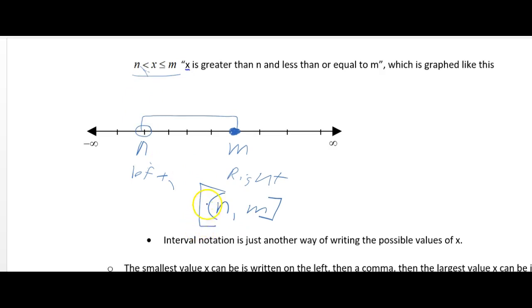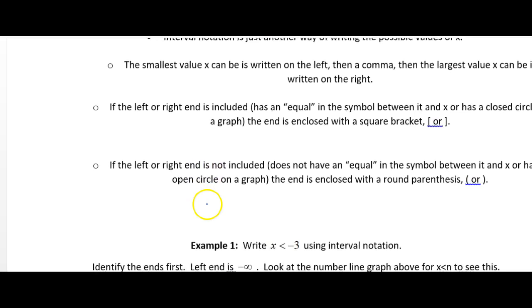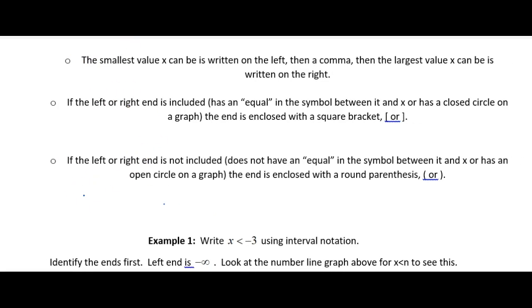So interval notation is just another way of expressing what numbers are allowed in a solution. Okay, so the smallest value x can be is always written on the left. Then there's a comma. Then the largest is written on the right.